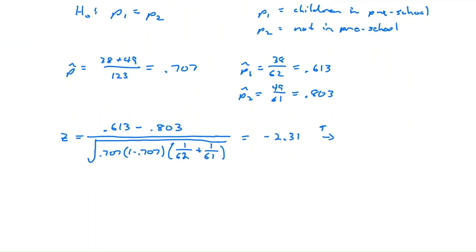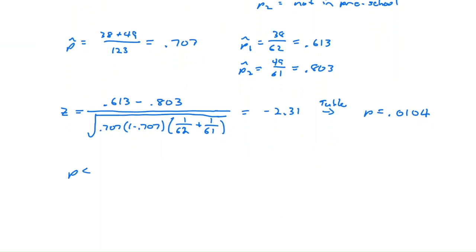And again, from the table, that gives us a p of 0.0104, so about 1%, which is clearly less than 5%, and therefore we reject the null. We reject the null.